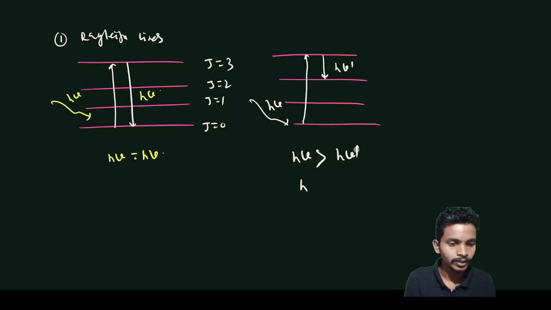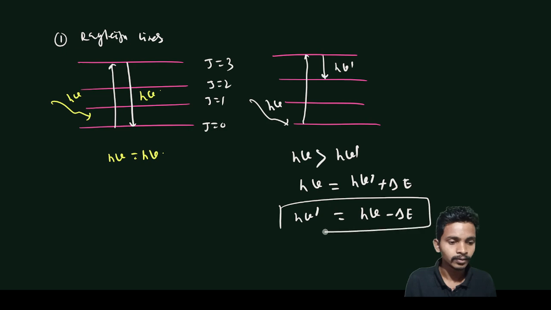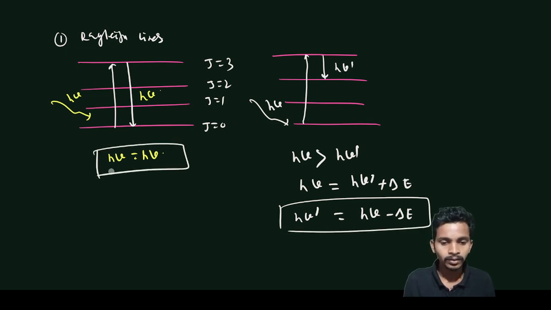So here we see that this h nu is equal to h nu dash plus delta E, and we are talking with respect to h nu, so I will write h nu dash equal to h nu minus delta E. Here h nu equal to h nu plus, here delta E is 0. Okay, and this is for Stokes lines.